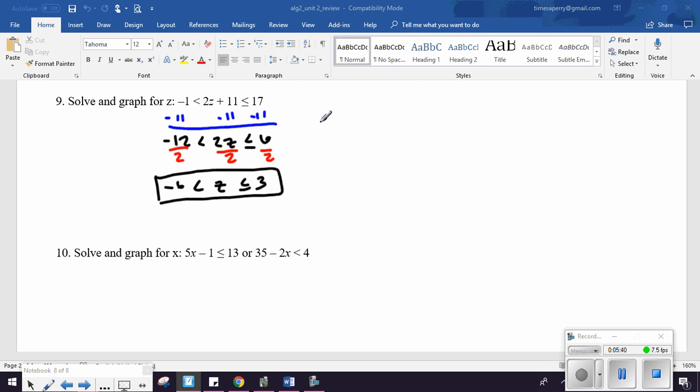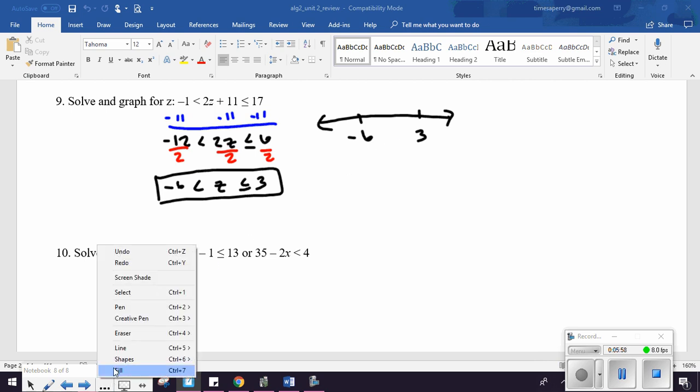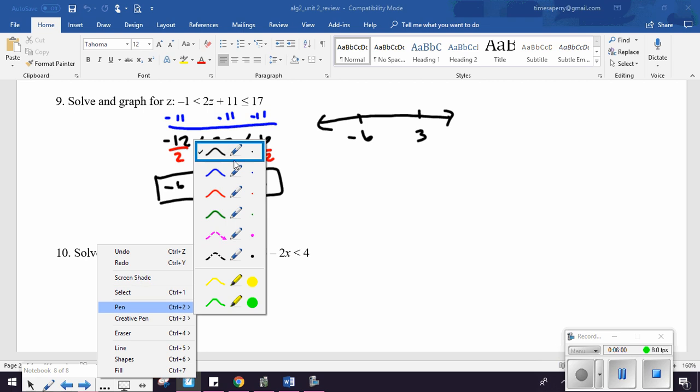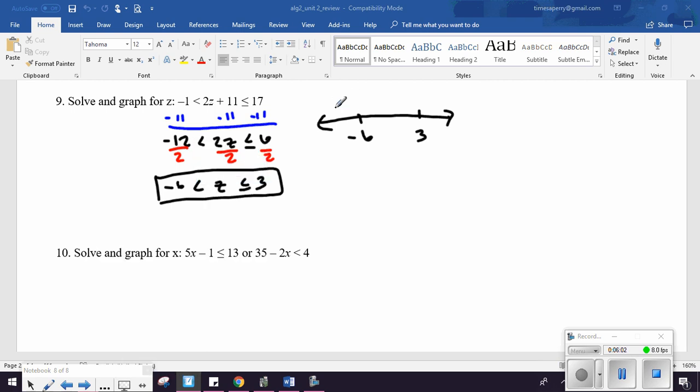And now we graph it as well. We had negative 6 and positive 3. Your graphs don't have to be very detailed, but at least label the two numbers that are involved in the situation. Now for negative 6, we're going to have an open dot because the inequality closest to it doesn't have an equal to bar.